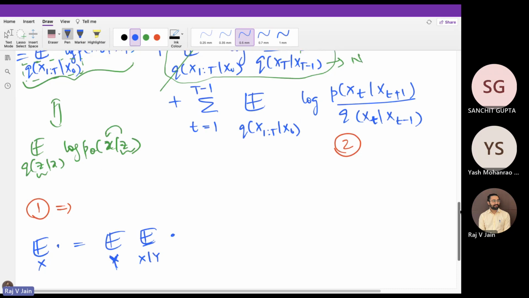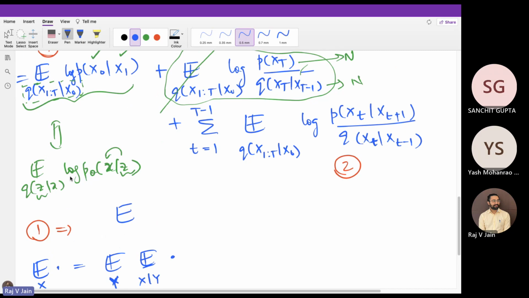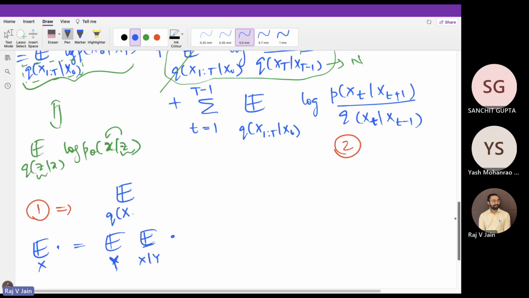So what we can do here is decompose this as an expectation over q of x2 to T, given x naught, because x naught will always be conditioned on and I cannot lose that.